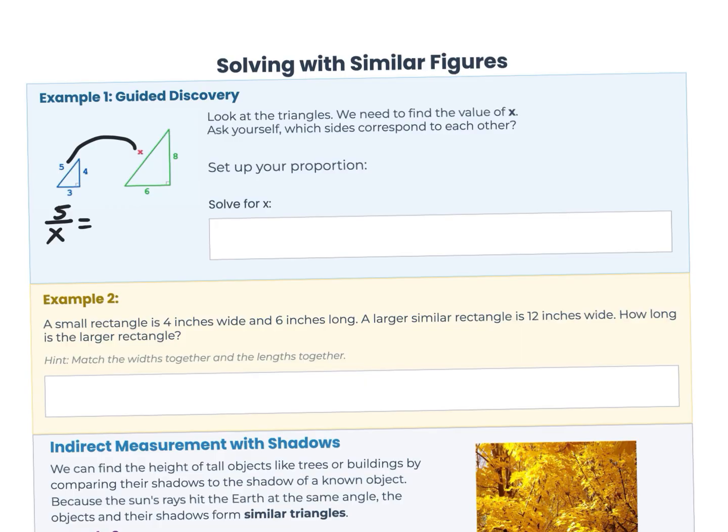I'm going to go ahead and use 3 and 6. Since I used my smaller triangle on top, it's going to be the smaller triangle on top to our bigger triangle on the bottom. Once again, we can use those cross products. So I'm going to do 5 and 6, and then we're going to do 3 and x. So 5 times 6 has to equal 3x.